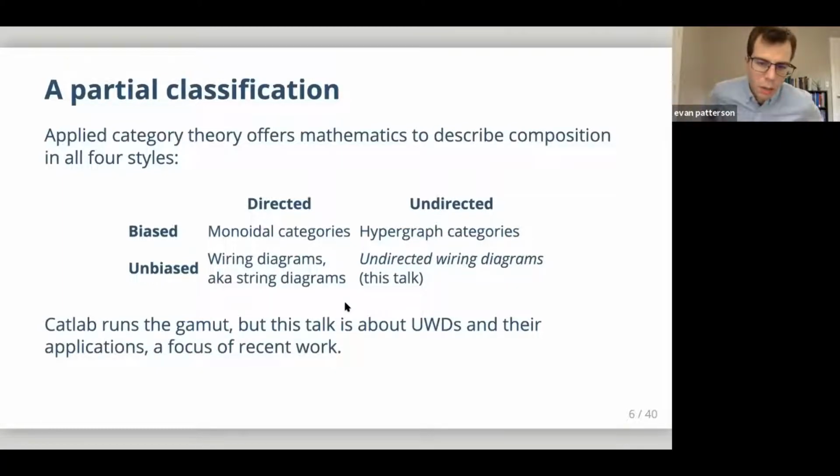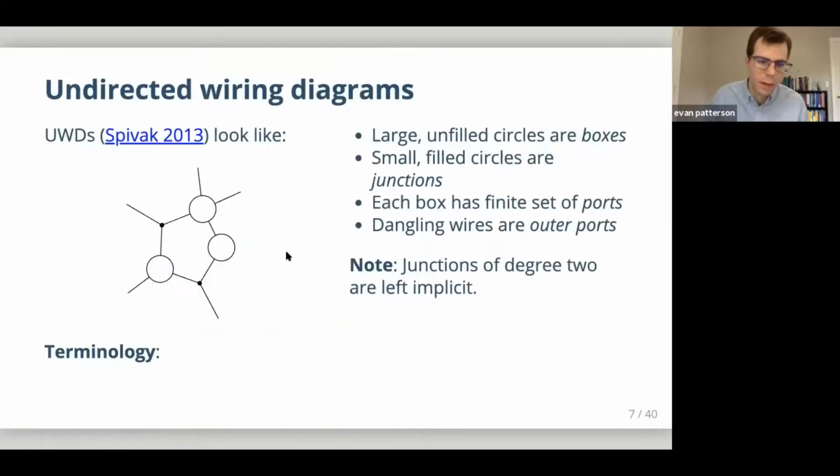But in this talk, we're going to focus on the bottom right corner of this square. We'll be talking about undirected wiring diagrams and applications of those, because that has been a focus of a lot of the recent work that we've been doing in the past 6 months. Okay, so undirected wiring diagrams look like this.